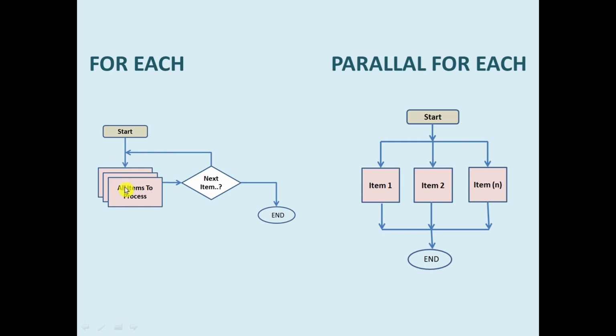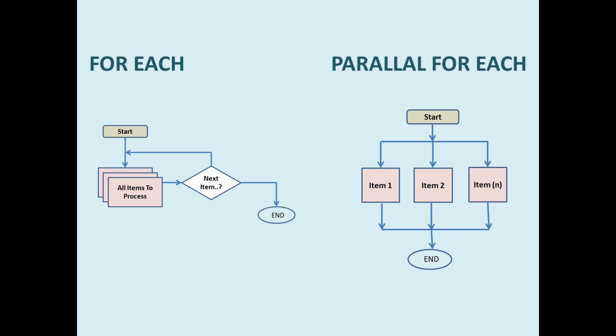In parallel for each, you perform the action for all the items at one time. So it is not sequential, it is parallel. You have to perform the same action for all the items at the same time. Hope it is very clear from the diagram.